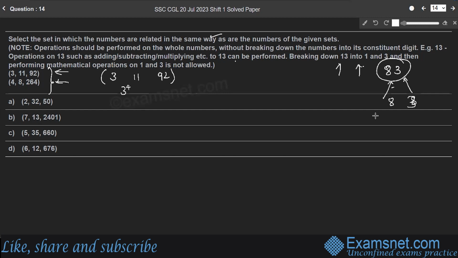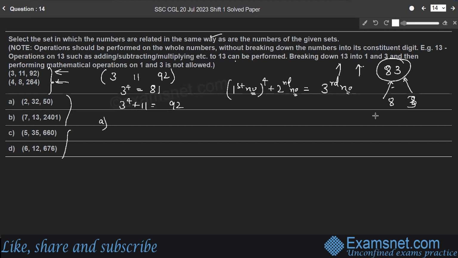So 3 raised to 4 is 81, 3 into 3 into 3 into 3, and 3 raised to 4 plus 11 is 81 plus 11, which is 92. Here the simple logic is the first number to the power of 4 plus the second number is equal to the third number. Very simple logic.